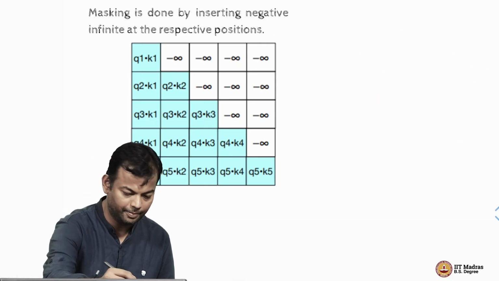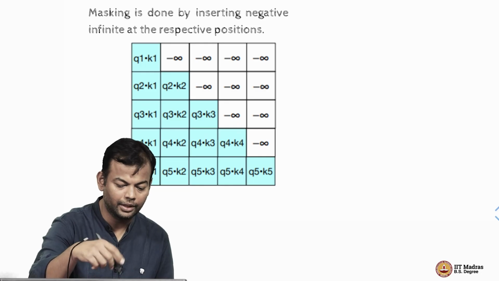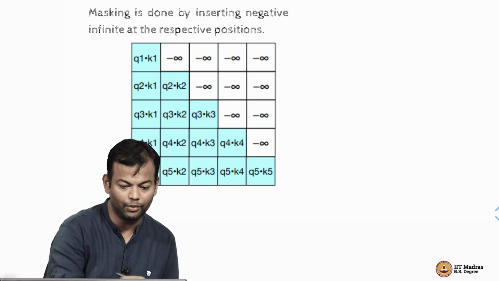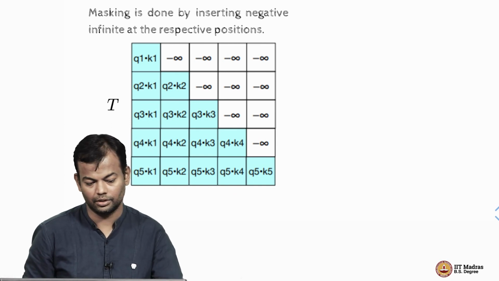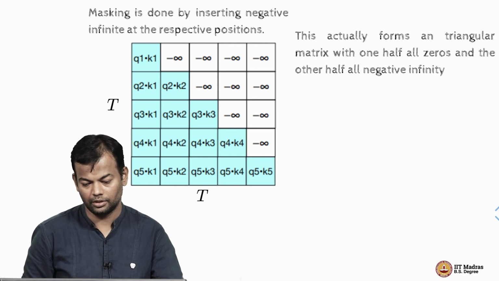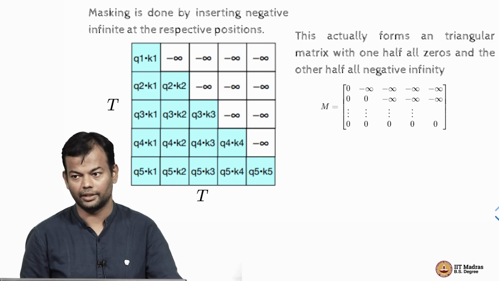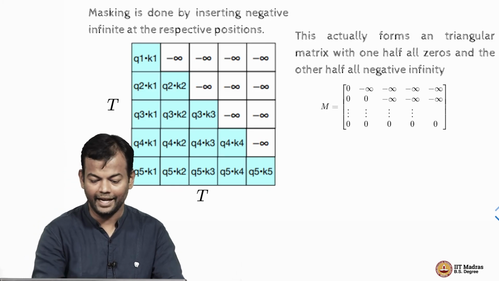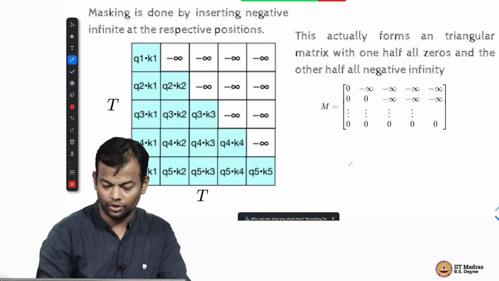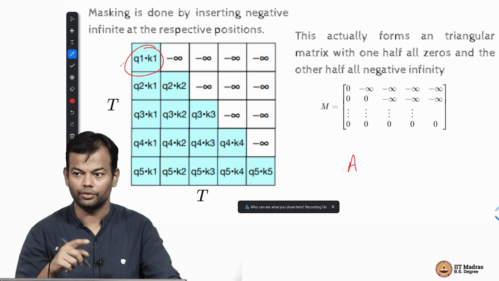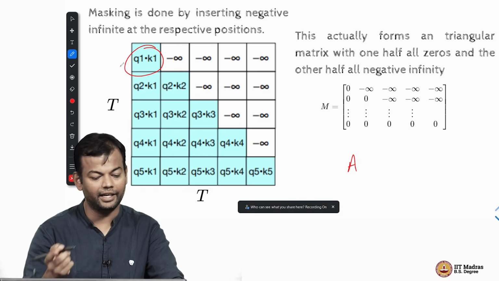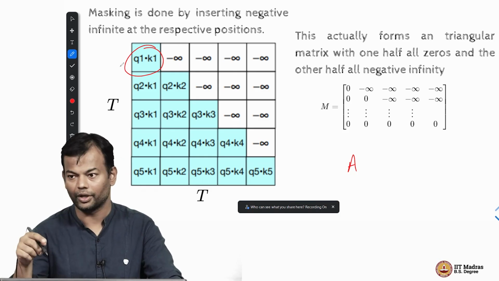Actually, this is what A plus M looks like. This is not the mask. This is what the mask looks like. If we add this to A, remember the first entry of A was Q1 dot product K1, the second entry was Q2 dot product K1, Q2 dot product K2 and so on.